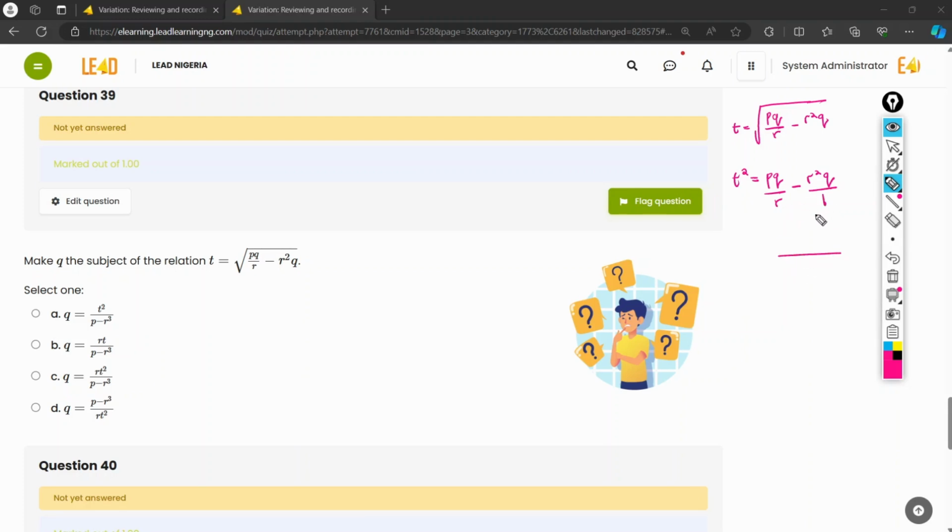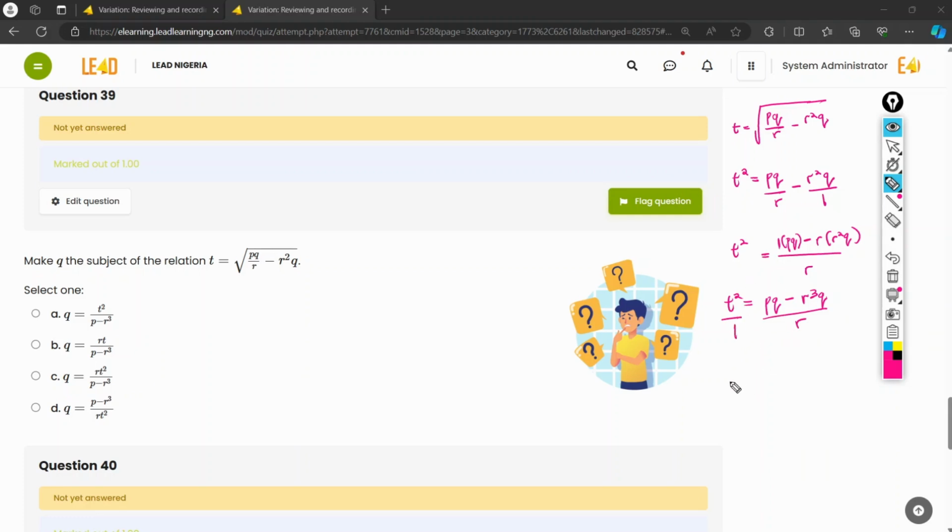The LCM of R and 1 is R. If I divide R by R, I would have 1 times PQ minus R divided by 1 is R bracket R squared Q. So next I have T squared is equal to PQ minus R cube Q, all over R.